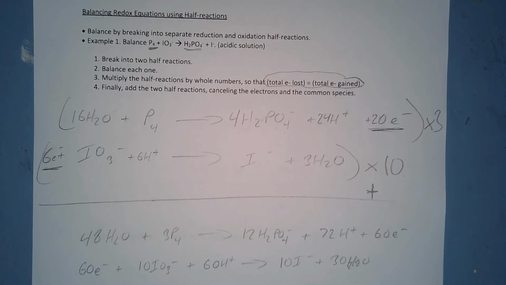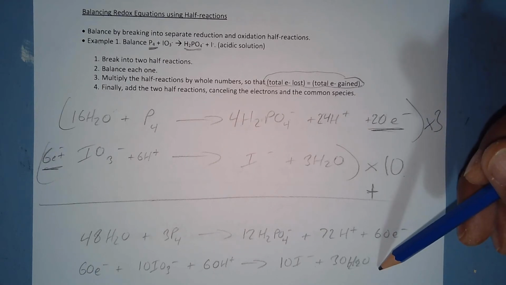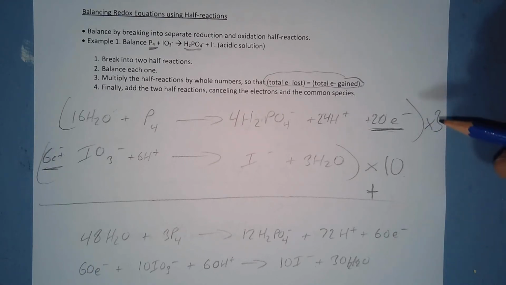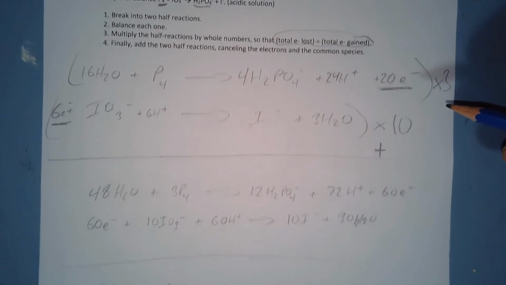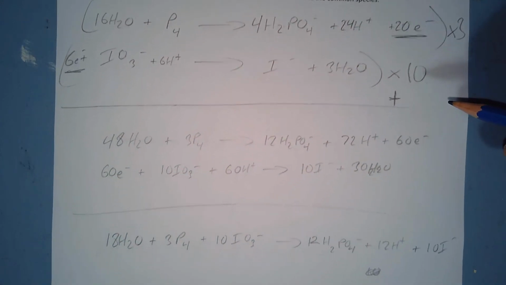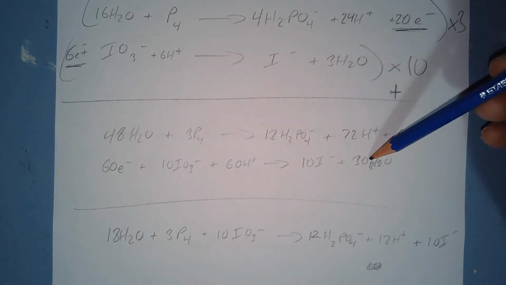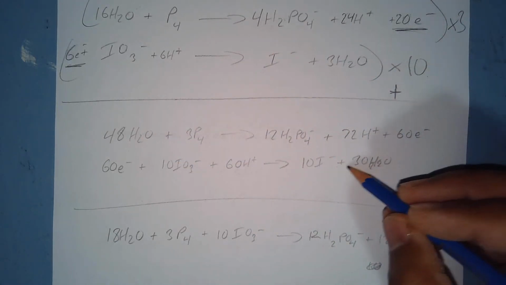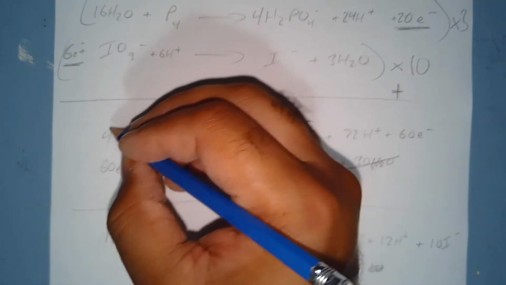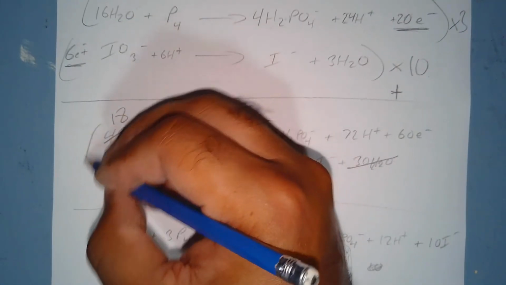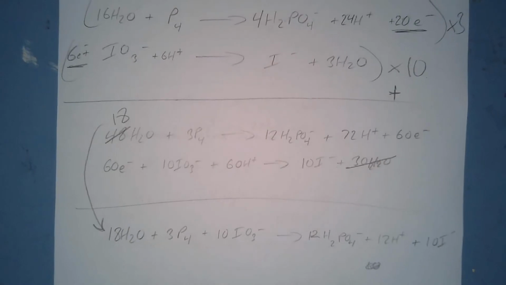That's what we get after multiplication: this one by 3, this one by 10. Now we add the two up, and this is what you get. You had 48 waters here and 30 waters here, so these will cancel out and this will change to 18, which is what you have here.